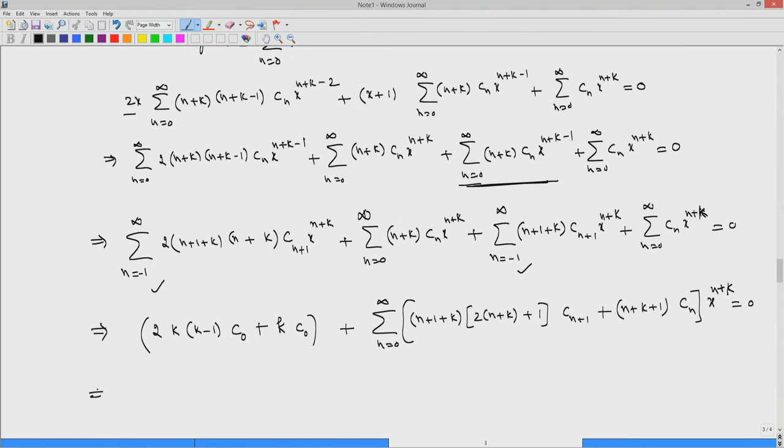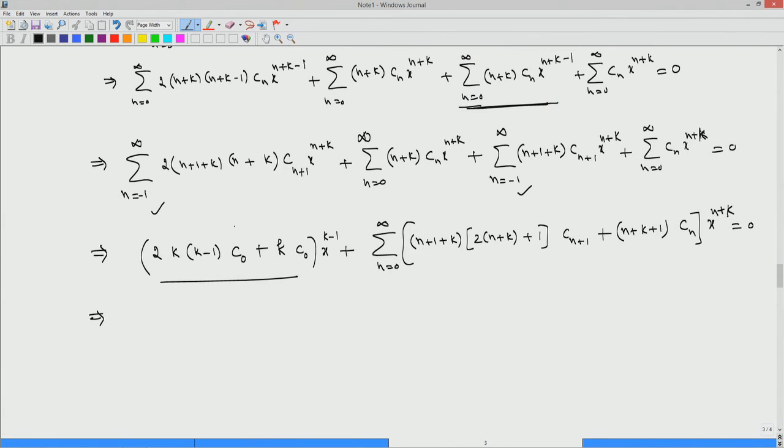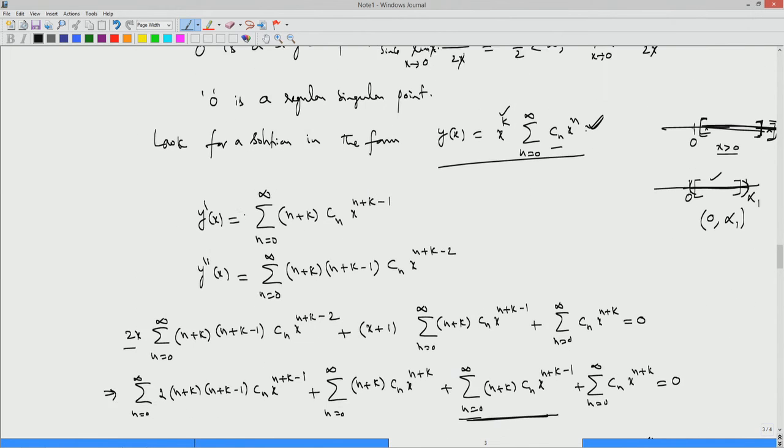So now you have this power series, for n equal to minus 1, where I missed x^(k-1). When you have a power series like this which is equal to 0, you can actually make the coefficient 0. So, that will give you c_0, and you do not want c_0 to be 0. If c_0 is 0, what happens?